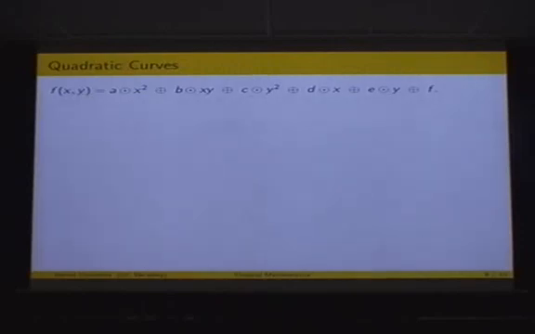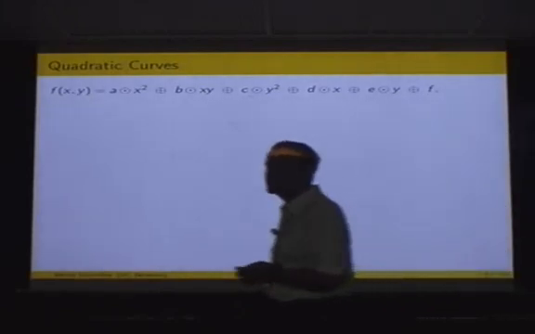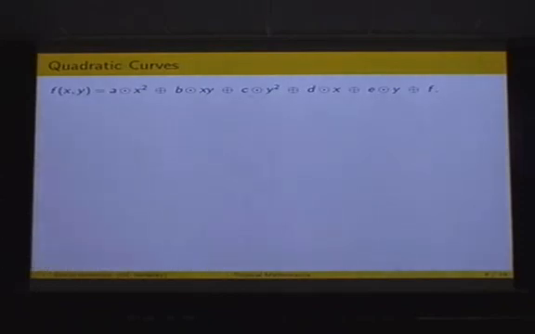Now we take this quadratic polynomial, we type it into the tropical 3D graphing calculator, and the calculator will produce for us the graph of this function for any particular values of a, b, c, d, e, and f. And the graph will look like this, right? So for different choices of a, b, c, d, e, f, the quadratic curves will be looking like this.